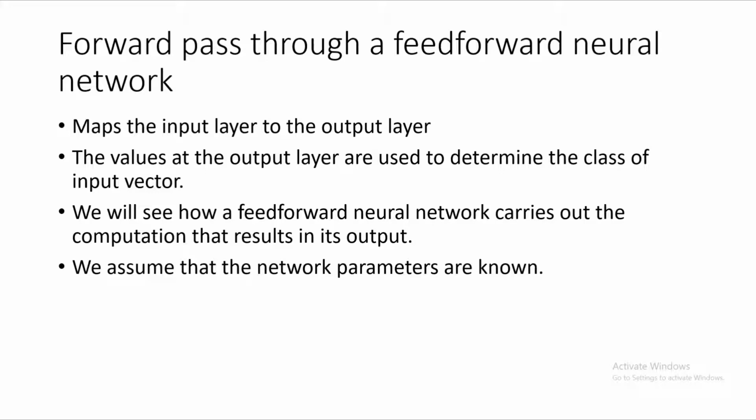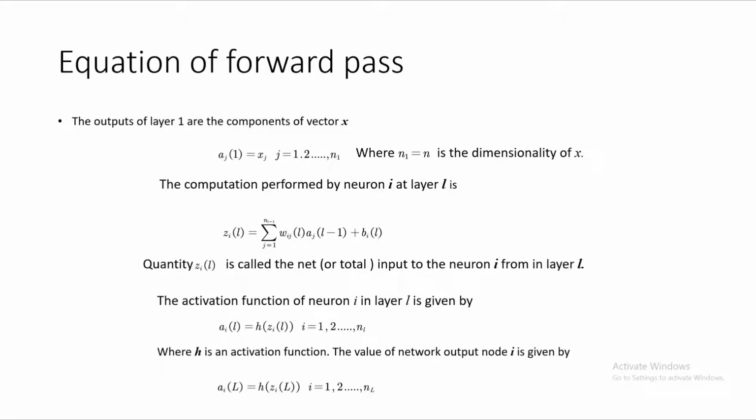We will see how the feed-forward neural network carries out the computation that results in its output. For simplification, we assume that the network parameters are known, that is, we already know the weights of the network. So we have a very simple example here.